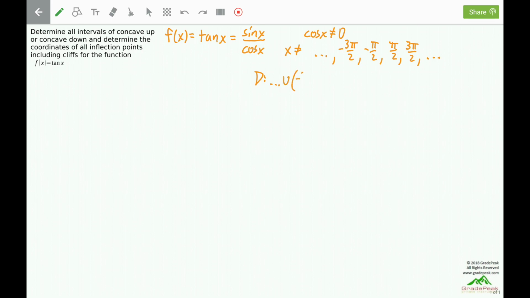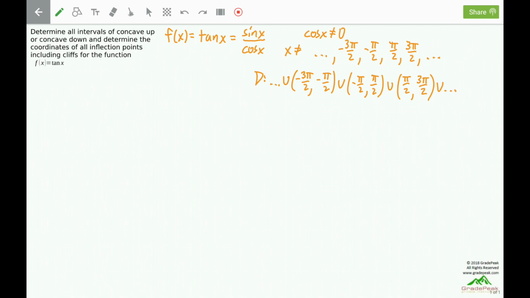One of them is negative 3 pi over 2 to negative pi over 2, union. Another one is negative pi over 2 to positive pi over 2, union. Another one is positive pi over 2 to positive 3 pi over 2, union. And on in both directions.